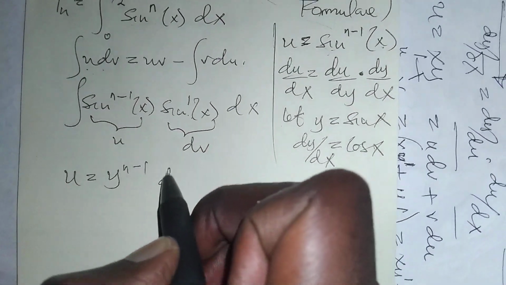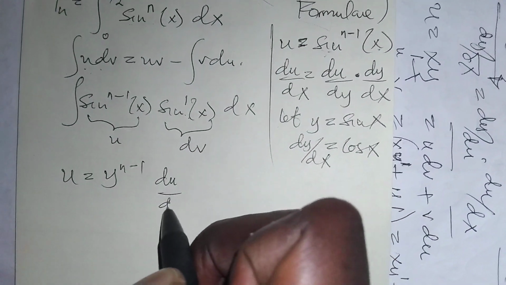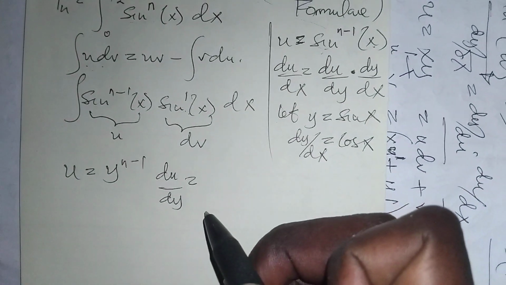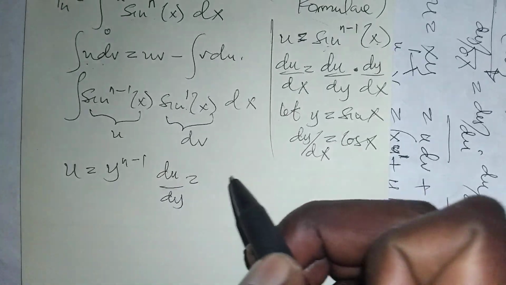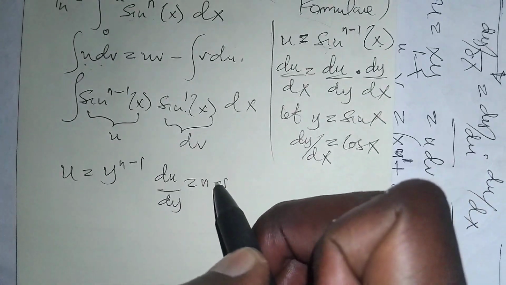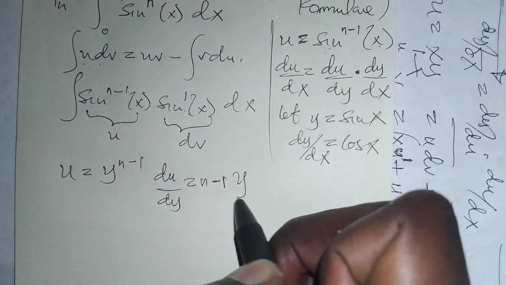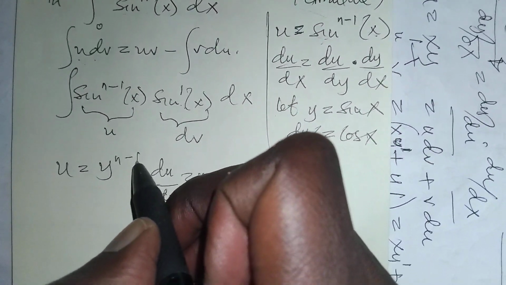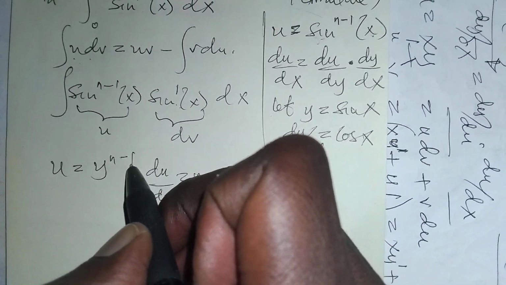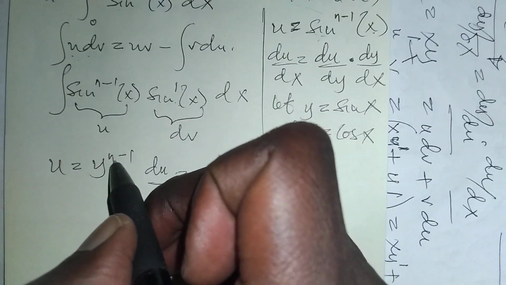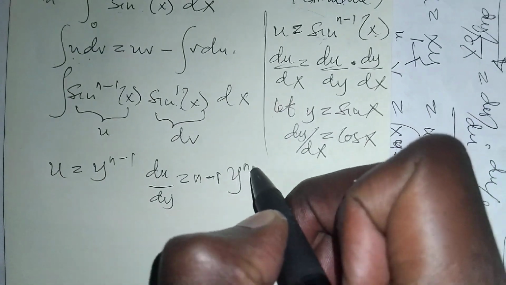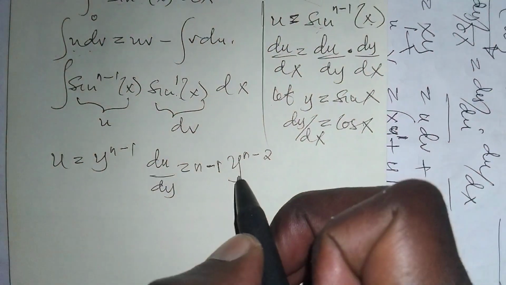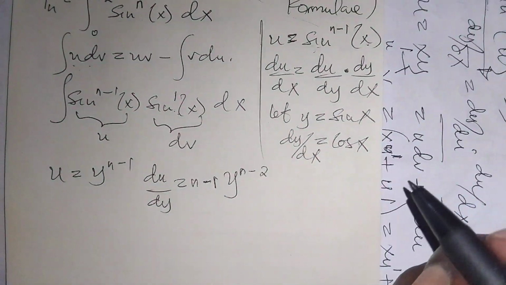It means you can find du dy by normal differentiation, so it will be n minus 1, then y, the power reduces by 1, so n minus 1 minus 1, we have n minus 2, but we know y is sine x.